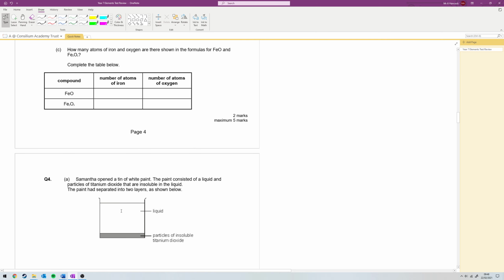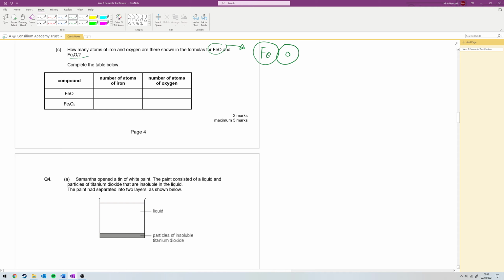Now, the next one, I think some of us misunderstood the question, and some of us pretty much got it bang on. So, if I have two different types of iron oxide, so here's the first iron oxide. I'm going to draw it out. It is one atom of iron, and it is one atom of oxygen.